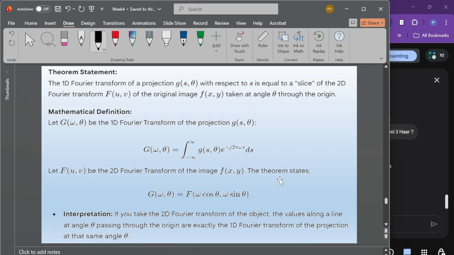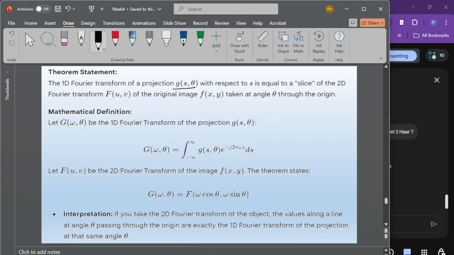So the mathematical theorem statement is given. The 1D Fourier transform of the projection, that is the Radon transform function g of s theta with respect to s, is equal to a slice of the 2D Fourier transform F of u v of the original image f of x comma y, taken at different angles theta through its origin.